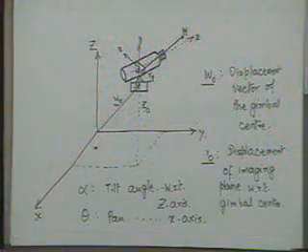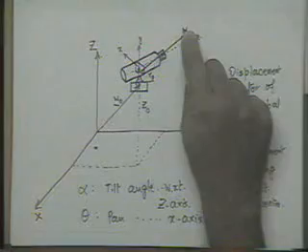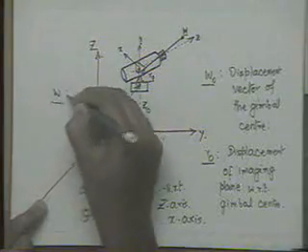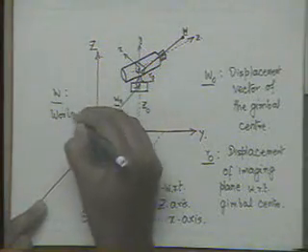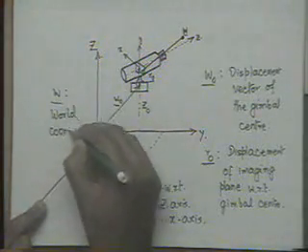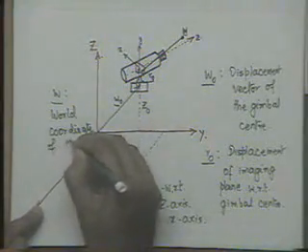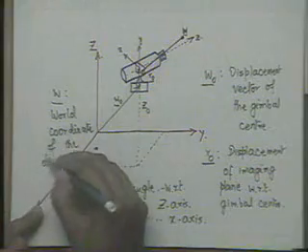So what we have to do, if we would now like to know the relationship between this world coordinate point given by this W vector. So the W vector indicates the world coordinate of the object point.